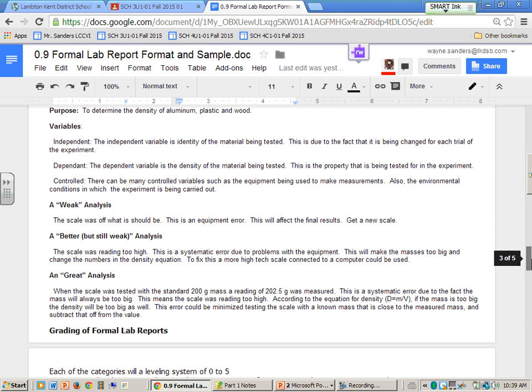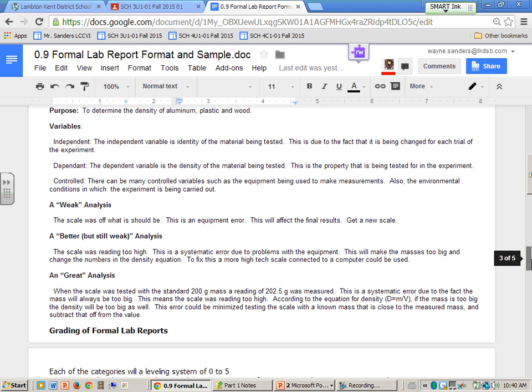This could be minimized by testing the scale with known masses close to the measured mass and subtracting that off from the value. So we could do a test mass, see what it reads, see how far off it is, and subtract the number off of what our mass is, and that will then bring us to what it is. So we need you to be specific with the error analysis.